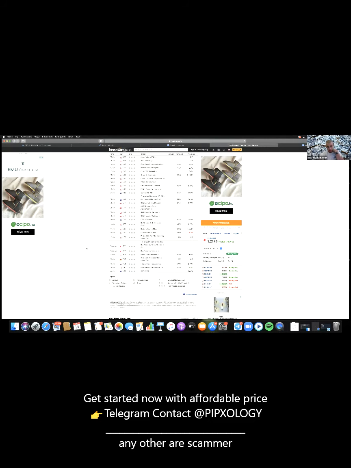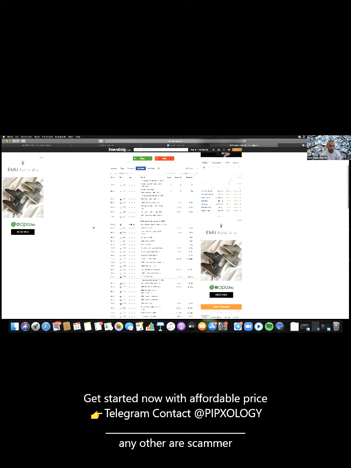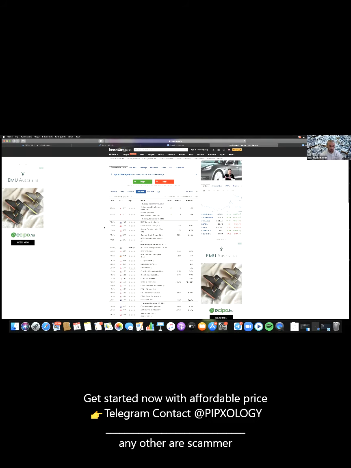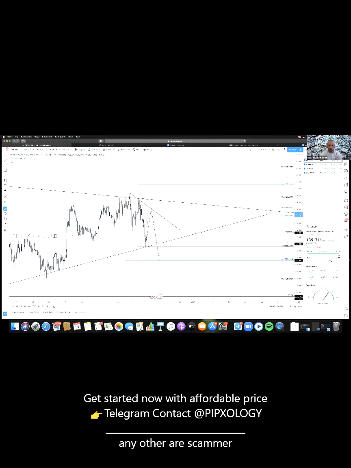So yeah, basically this week also really useful. So if you're running position on GBP or USD or Swiss franc, definitely need to follow the economic calendars and protect always your capital.